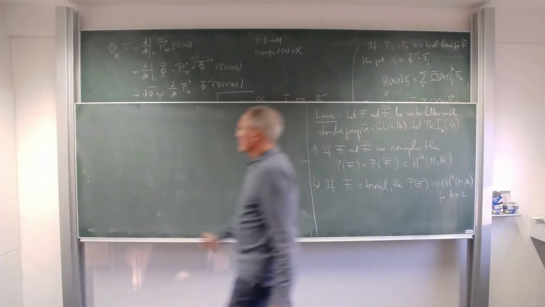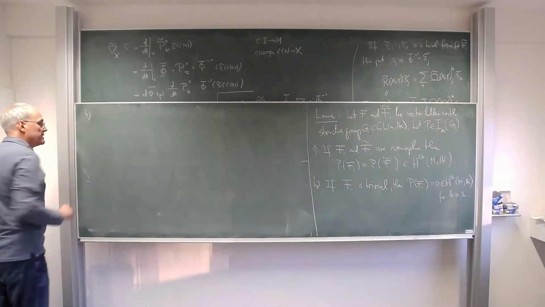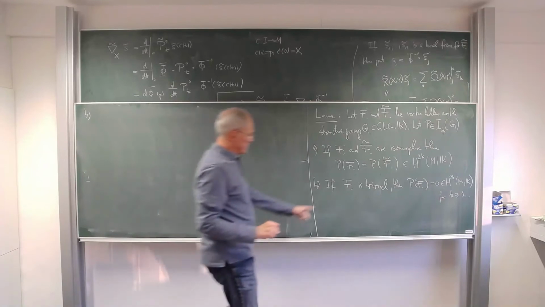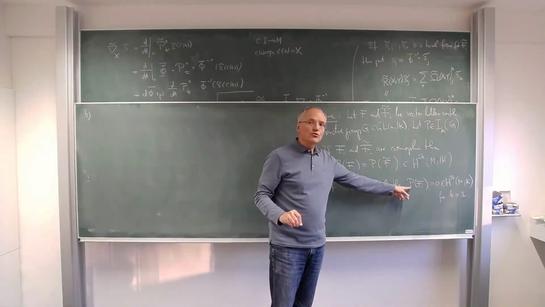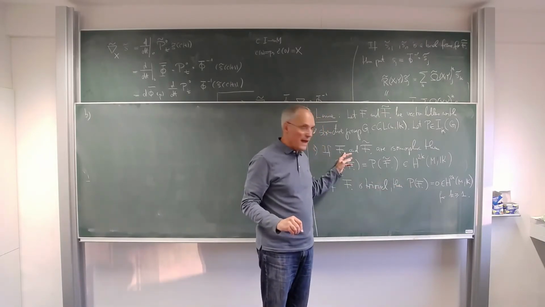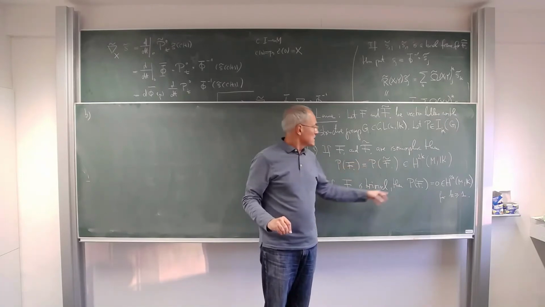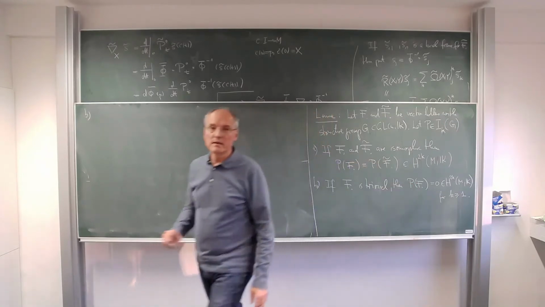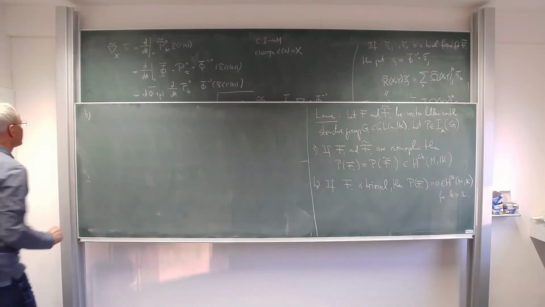And by A, I only need to show this for the trivial bundle, because if f is trivial, it's isomorphic to the trivial bundle, and by A they have the same classes, so I need to show this vanishing only for the trivial bundle.